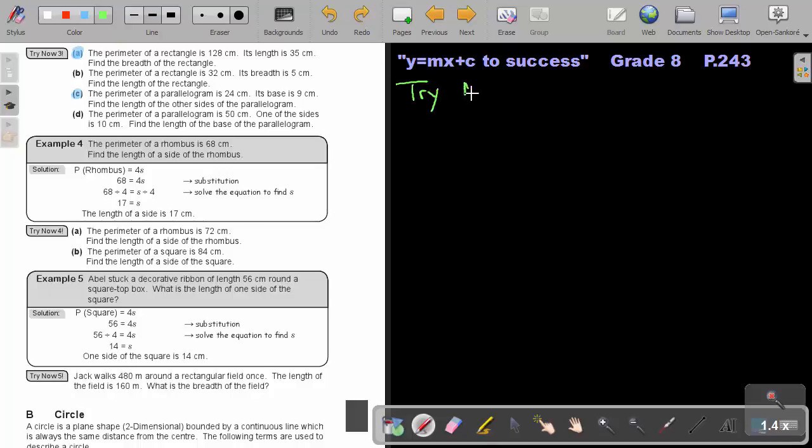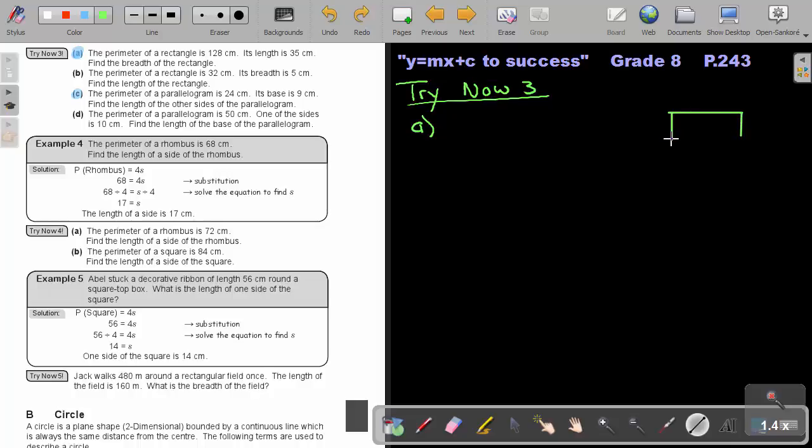So try now 3, and we are going to look at number A. The perimeter of a rectangle is 128. We're going to make a sketch first.